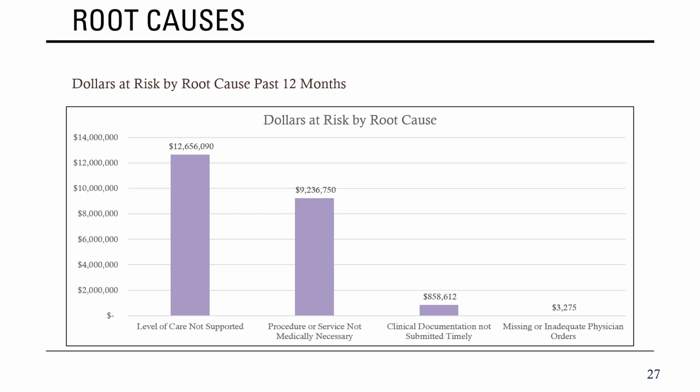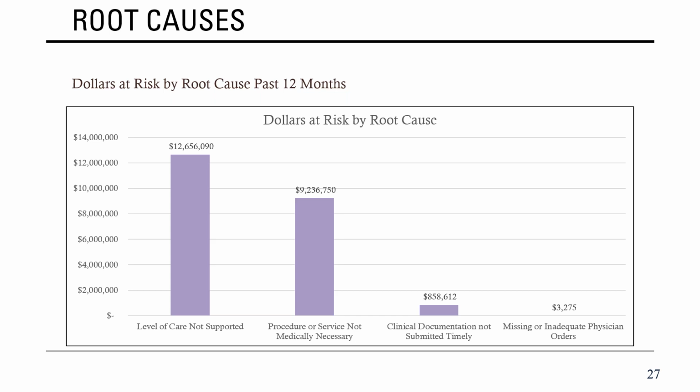Our second column is our procedure or service was not medically necessary. The third column might be that the clinical documentation was not submitted timely. Therefore, you did not get authorized by the payer, and that was the root cause for that appropriate denial by that payer. And then our last one might be missing or inadequate physician orders.